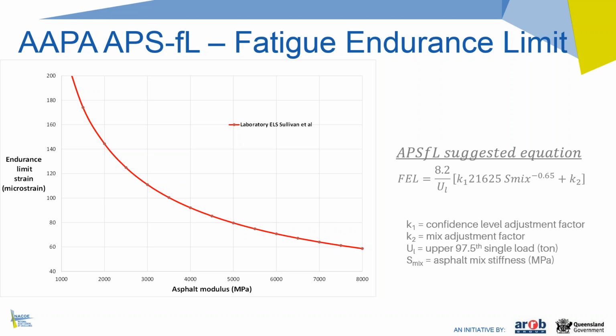When we have a lower modulus, for example in a hot summer in Queensland, we expect a higher fatigue endurance limit. The idea is that as long as the calculated critical strain at the bottom of the asphalt stays within this fatigue endurance limit, a very long pavement life is expected.